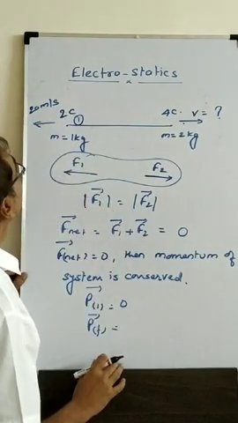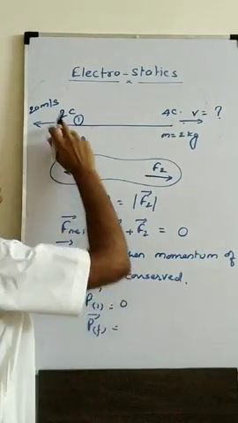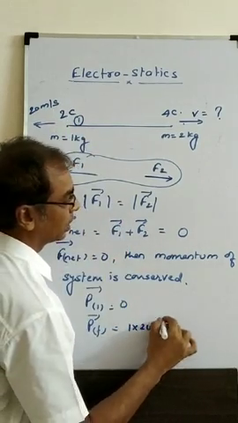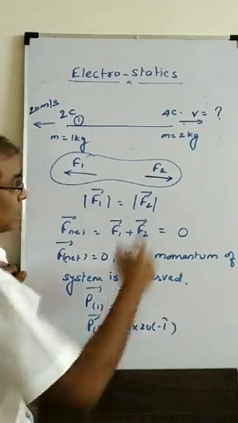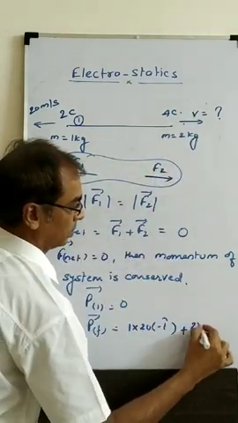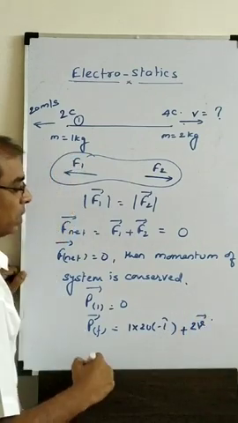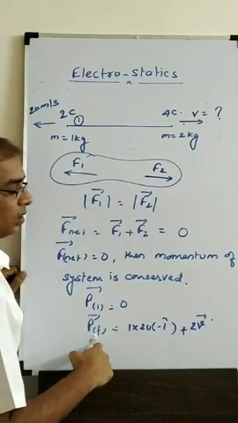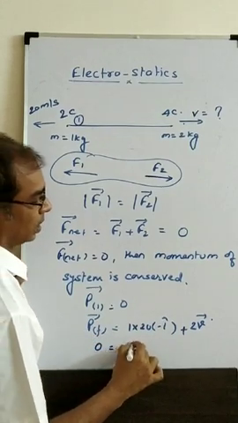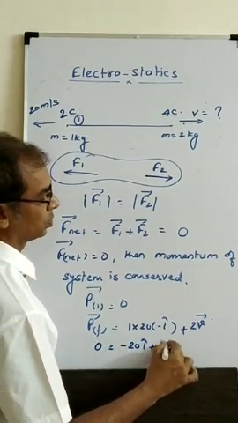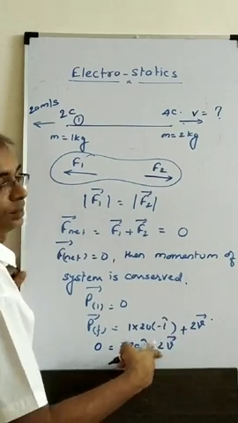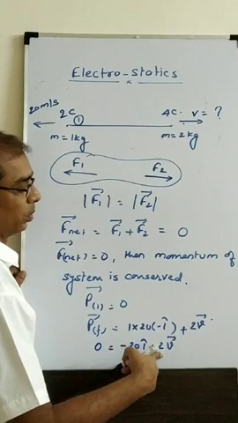That is m into v, 1 into 20 into minus i cap. Here, 2 into v. Initial and final are equal, so here also I make it 0. So this is minus 20 i cap plus 2v i cap. What are we going to get? We get v is 10. V will be 10 over here.